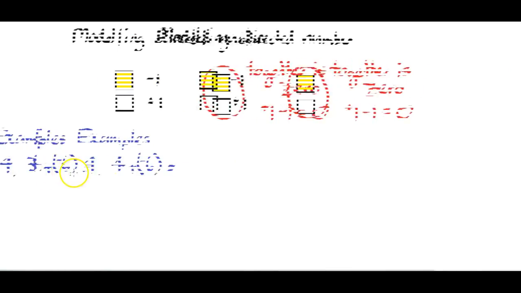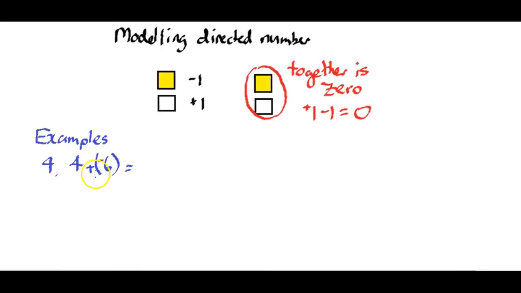In this example, the fourth example, we start with 4 and we add -6. Now, I'm going to show you what happens if I don't have these counters. Well, I can draw them in my book. So I need 4 positive counters in my area, so I'm going to just use circles. 1, 2, 3, 4. And I need to add 6 negative counters. 1, 2, 3, 4, 5, 6.